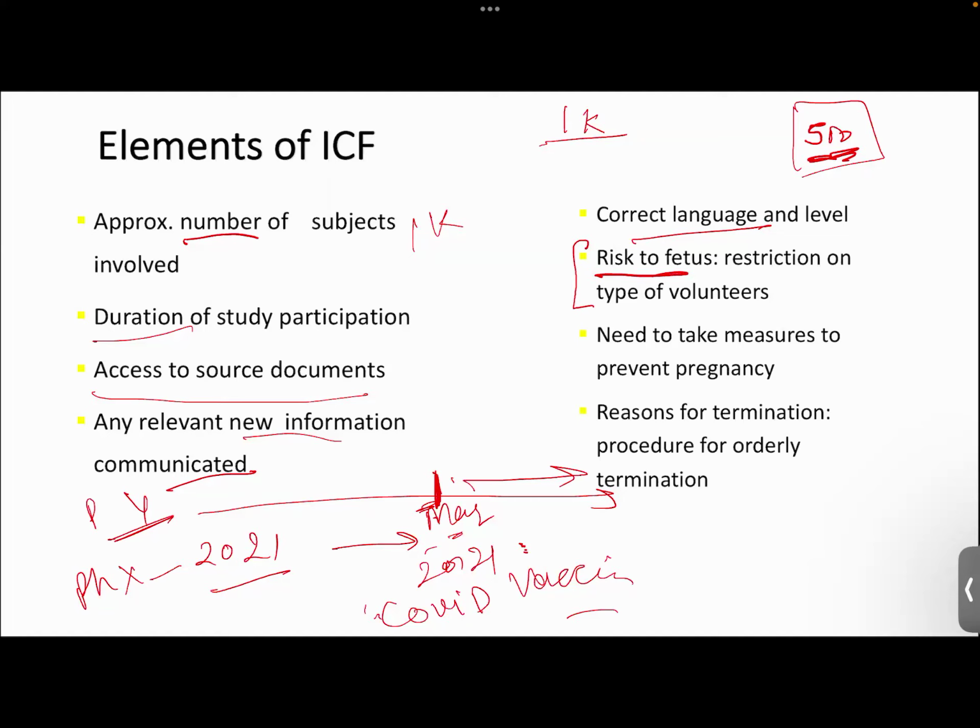Or during the course of a clinical trial, if you become aware that you are pregnant, you should stop immediately and inform the investigator. Why is this? Because we have seen the thalidomide tragedy; with new drugs, we don't know the impact on a fetus. So in most protocols you will find this sentence.